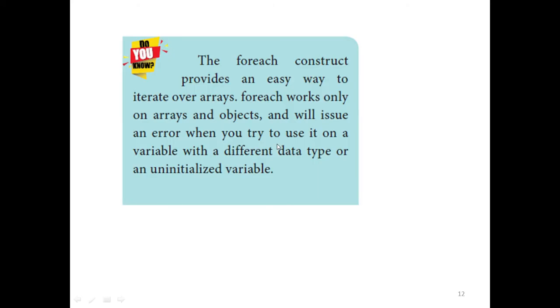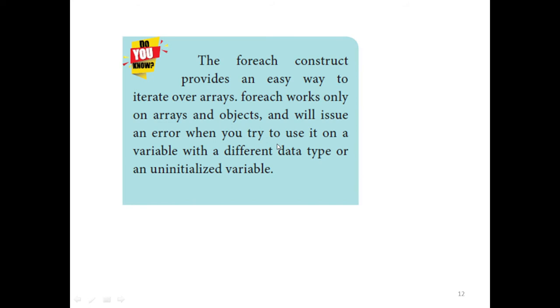And then the foreach construct, some information for you. The foreach construct provides an easy way to iterate over an array. Foreach works only on arrays and objects, and will issue an error when you try to use it on a variable with a different data type or an uninitialized variable.